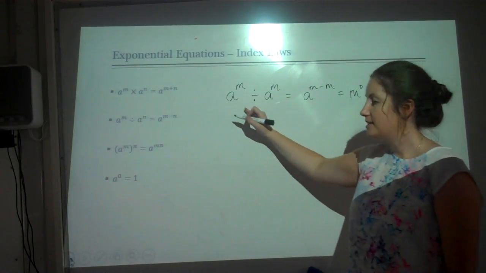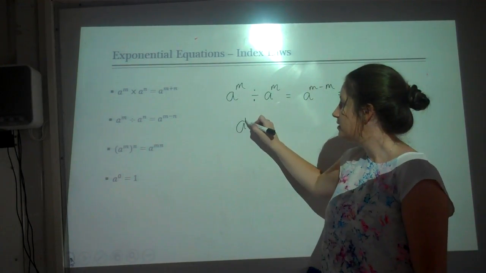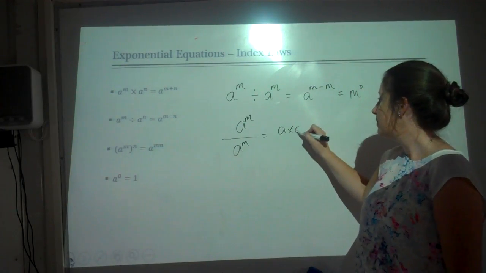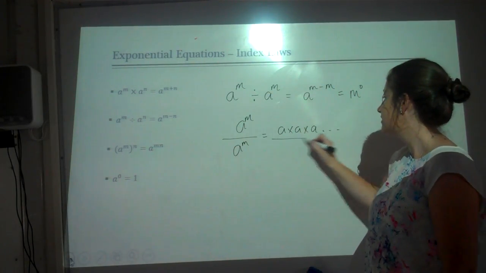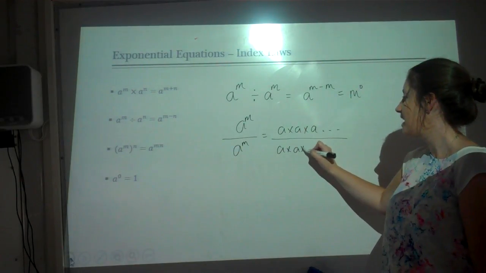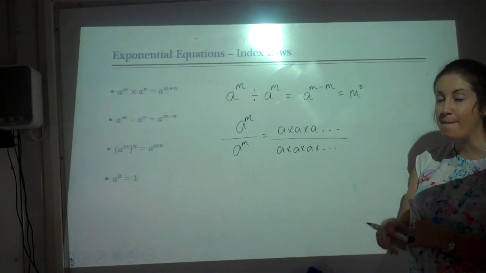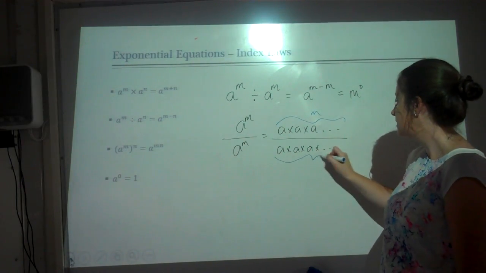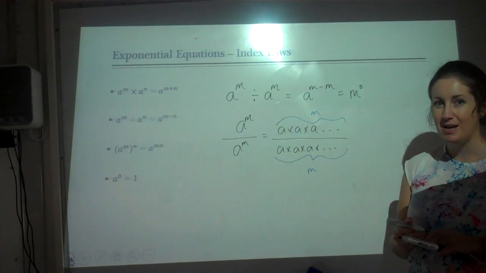If I then consider this in a different way, because remember division means the same as writing it as a fraction, if I think about writing this as a fraction, and remember I have the a's written here for m number of times, so that's going to go along m times and m times down here.